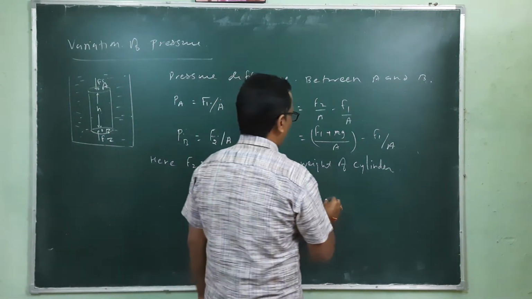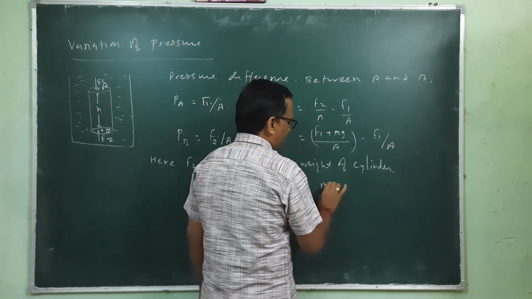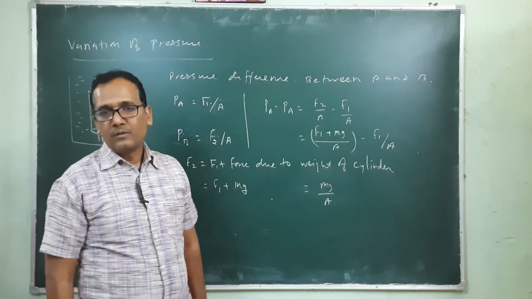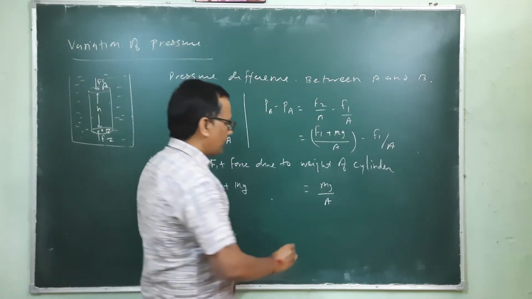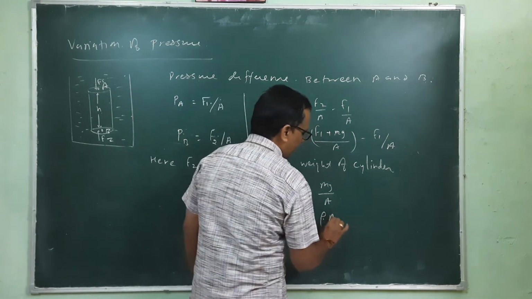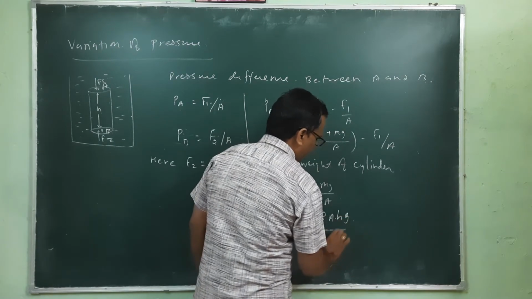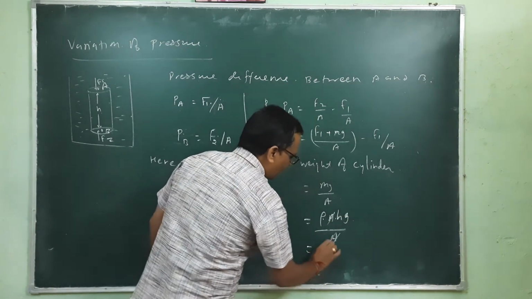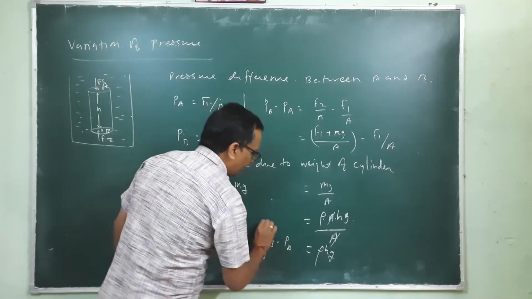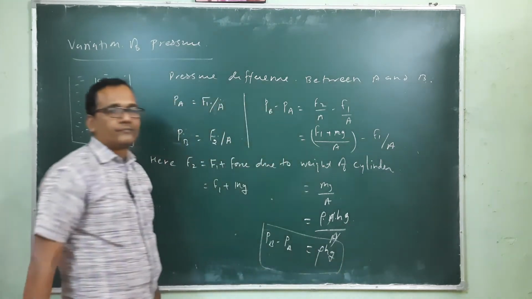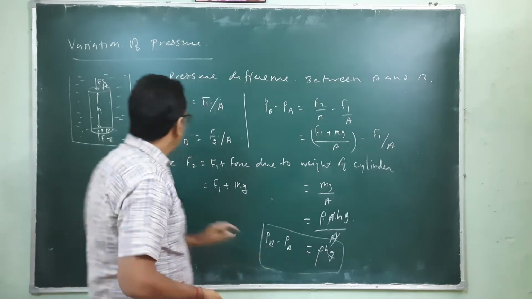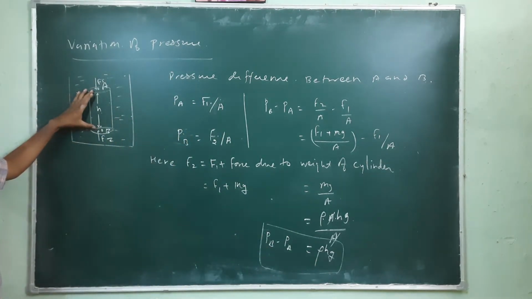So this is equal to mg by A. And m can be converted in terms of density and volume. So this is equivalent to rho multiplied by the volume, that is A multiplied by h, times g, by A. Area can be cancelled. So this is rho gh. So this pressure difference PB minus PA depends on height. Here this rho is the density of this cylindrical bar inside this liquid.